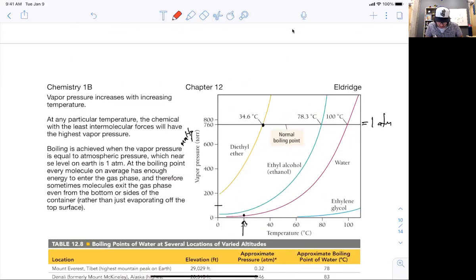And so what you see is that vapor pressure increases with increasing temperature. So eventually, at 40, it's now around maybe 50. At 60 Celsius, the vapor pressure is around 100, and so on and so forth. You warm water up to 100 degrees Celsius. Now the vapor pressure is 760 millimeters of mercury, or 1 atmosphere.